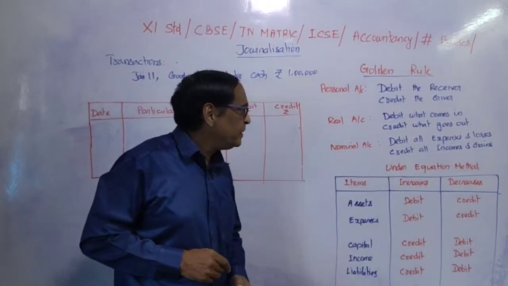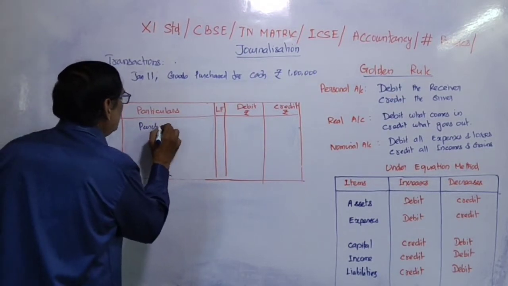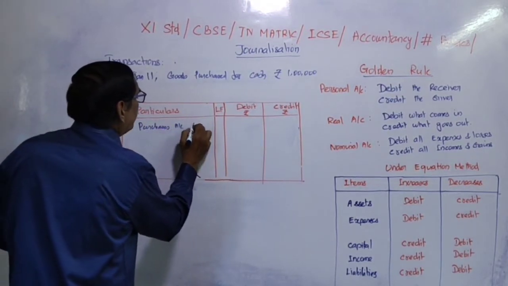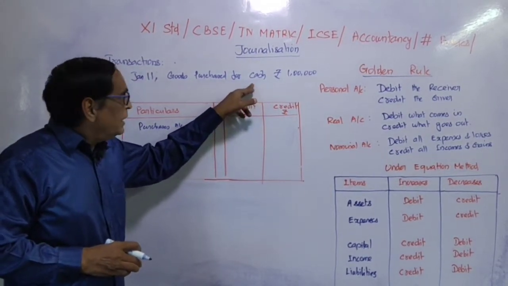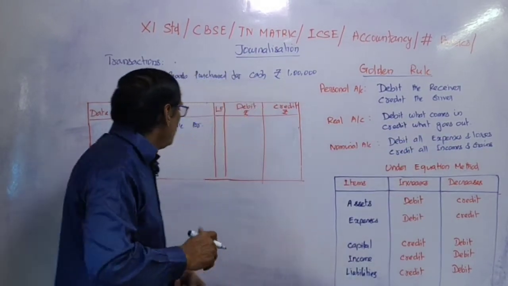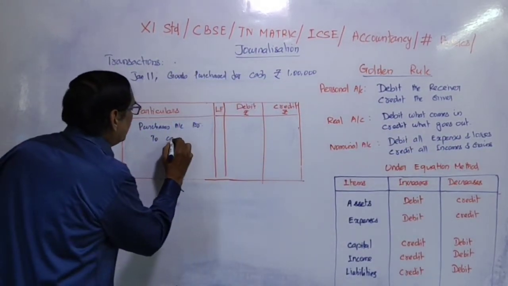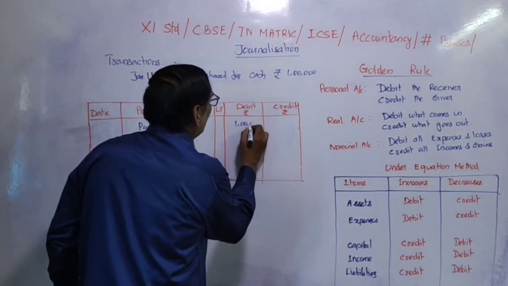Purchases is an expense. So purchases account should be debited. And then cash is an asset, credit what goes out. Under real account, credit what goes out. So cash to be credited. So how much? 1 lakh.